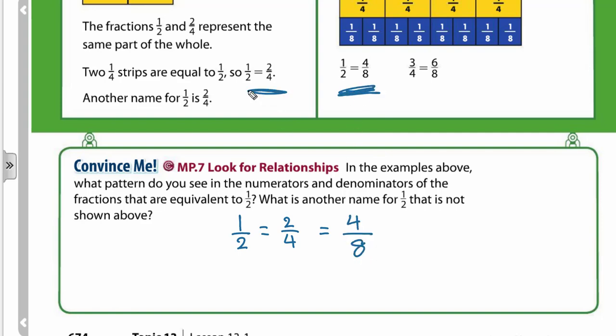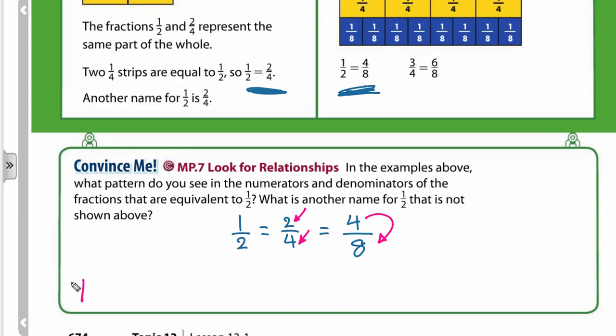Okay, so these two, I have them here. What do you note about the numerator and denominator? This is 2, so down is 4. If it's 4, it will be 8. We double. Yes, that's it. Great work.